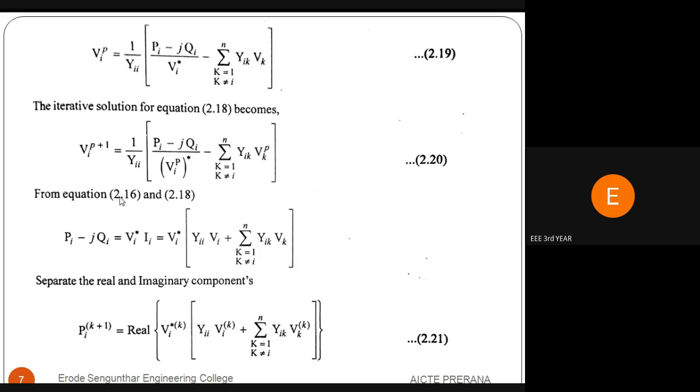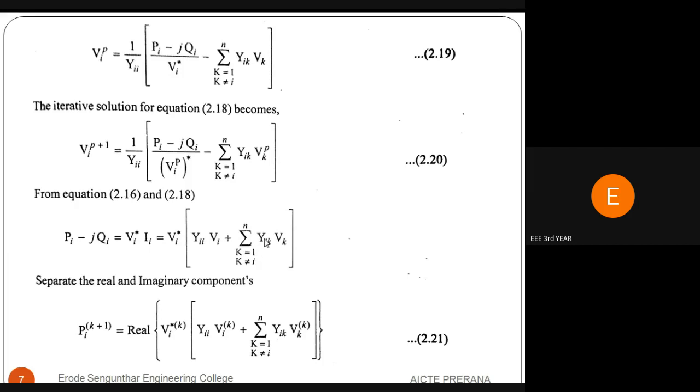From equations 2.16 and 2.18, we can write Pi minus jQi is equal to Vi conjugate into Ii, that is equal to Vi conjugate times Yii Vi plus summation of k equal to 1, k not equal to i, to n Yik Vk.